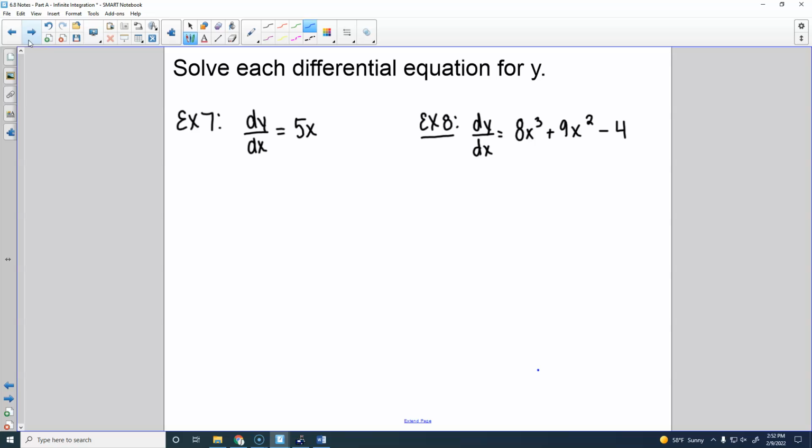For these differential equations, it's like the notation I was just showing you. You would want to multiply both sides by dx. And that gets all of the y's on one side and all of the x's on the other side. What's the D stand for? Derivative.